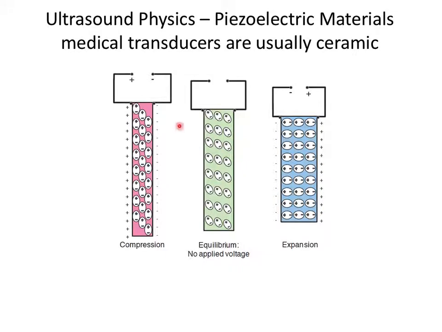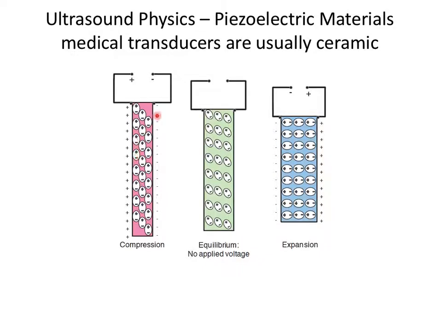And now if you apply a voltage across the material, because there's obviously a net bias in where the charge is sitting here, you can realign those molecules slightly so they'll all rotate by the same amount. And then the material itself, as a piece of crystal, will actually shrink, or compress.